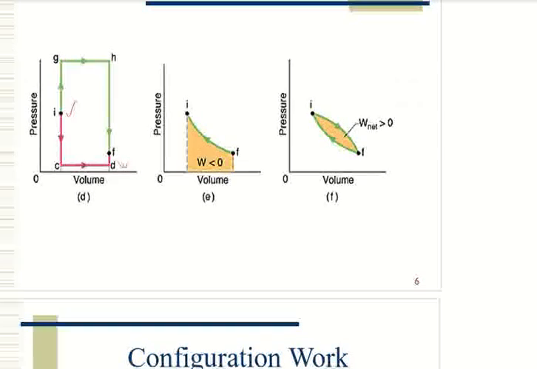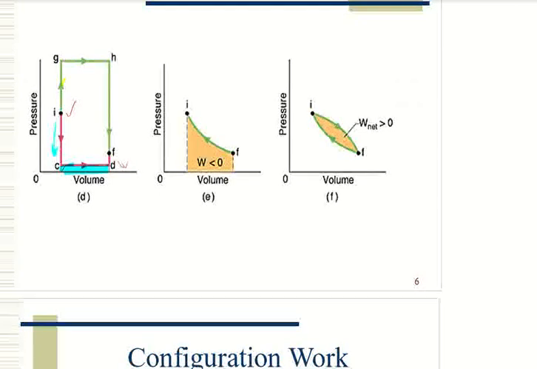In the case when we are moving along this reddish line, only this area is the area under the curve. I highlight it with a different color. This is the area under the curve if we move from point I to point F via this route. And if we take another route, that is, if we go from I to G and then G to H and F, we see now in this case the area under the curve is very large.